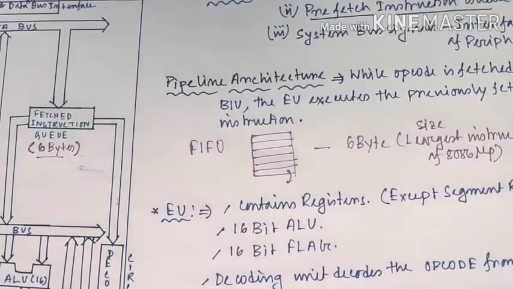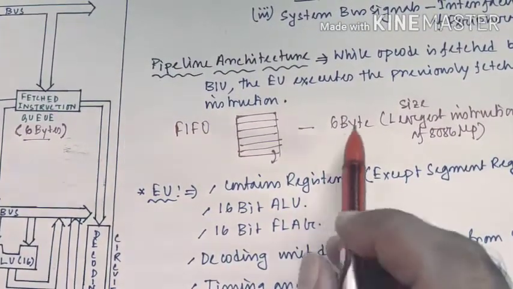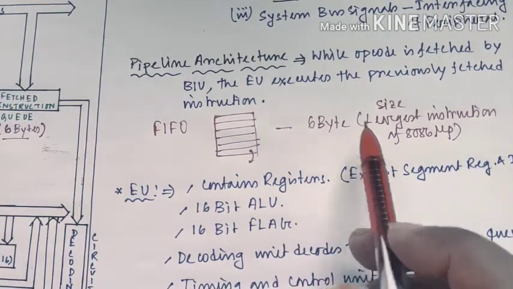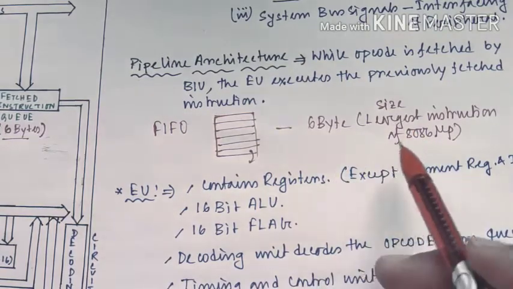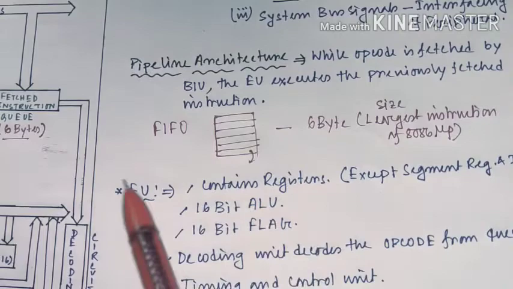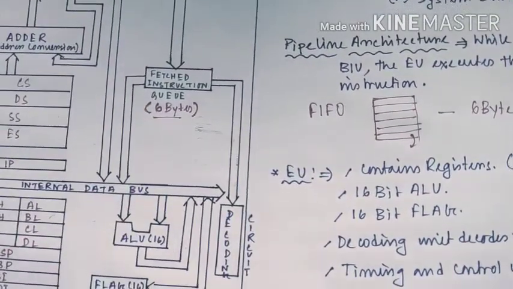Suppose in a program which we want to execute by this processor, there is an instruction whose length is 6 byte. To accommodate that particular opcode or instruction, we need at least 6 byte of size in the queue. So that is why the size of this queue is 6 byte.